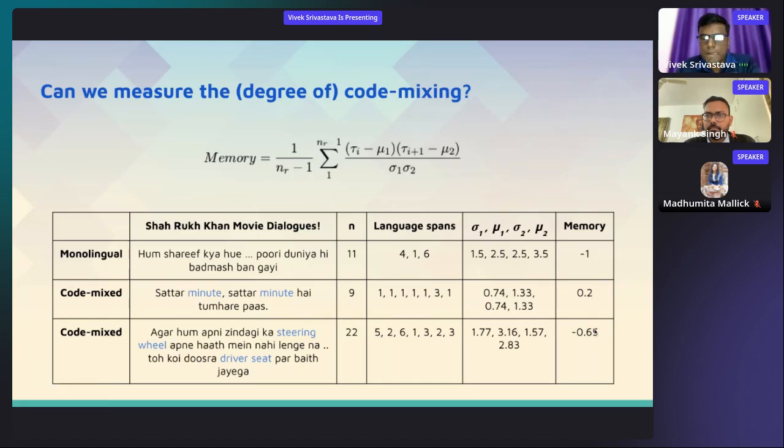Had it been the case that only one token was from this particular language, then the score would have been one. But since that is not the case, we are getting a score closer to 0, which is on the positive side of that scale.